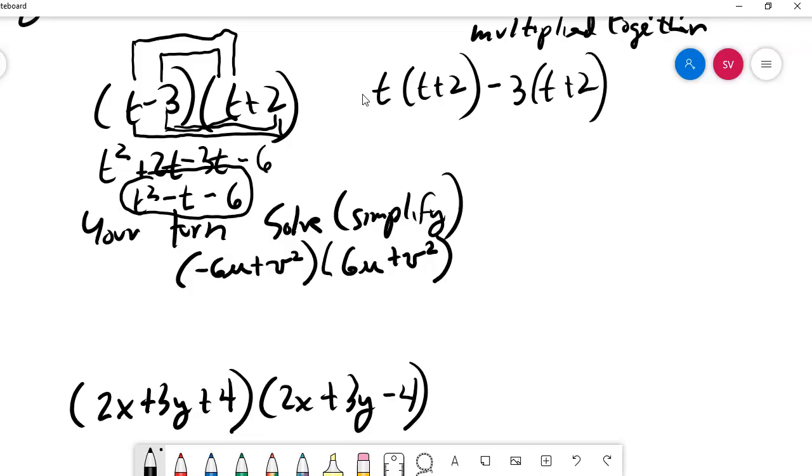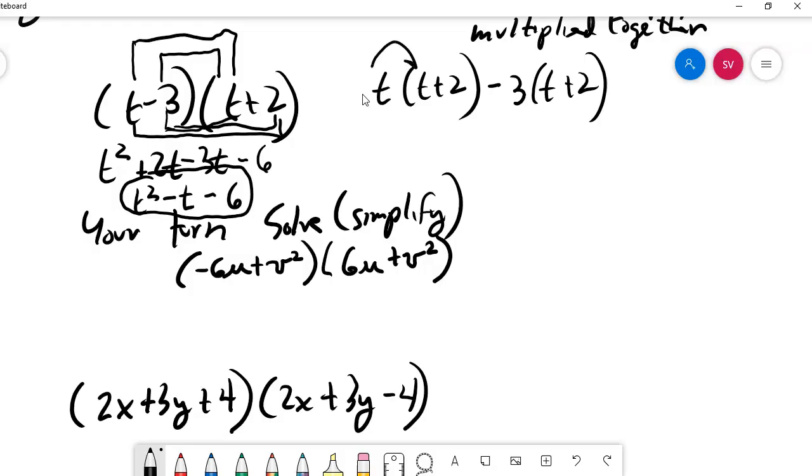Hopefully on paper you can see how I dissected the terms in the first set of parentheses, the t and the minus 3, and individually multiplied them to the binomial in the second set of parentheses.